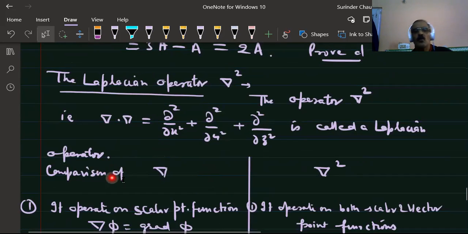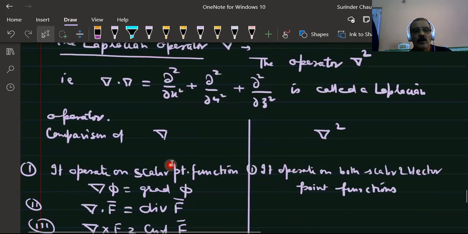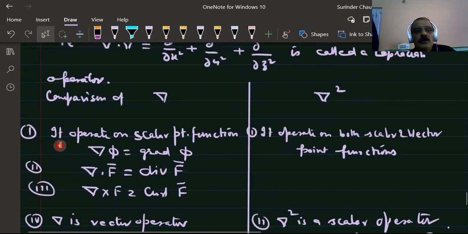Now let's compare the difference between what del operates on and what del square operates on. Del operates on a scalar function: del of phi, a scalar function, is the gradient.